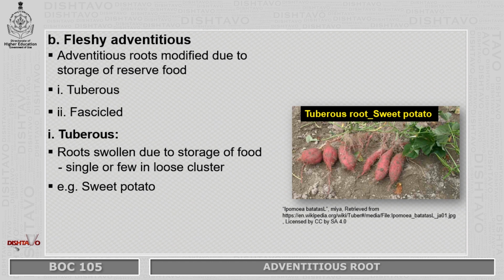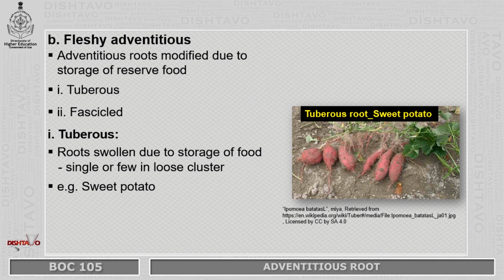Second one is fleshy adventitious roots. These roots are modified adventitious roots because of the storage of food. They store a lot of reserve food, and accordingly they will be swollen. In these fleshy adventitious roots there are two types, tuberous roots and fascicled roots.